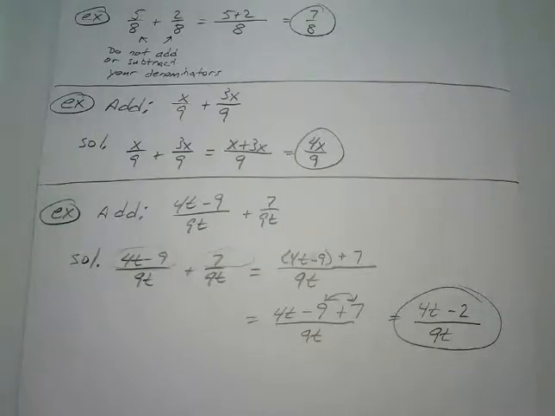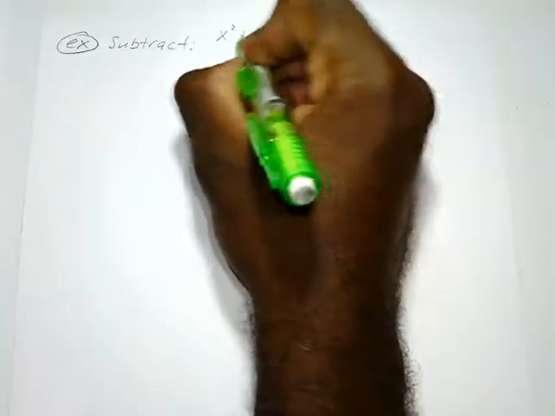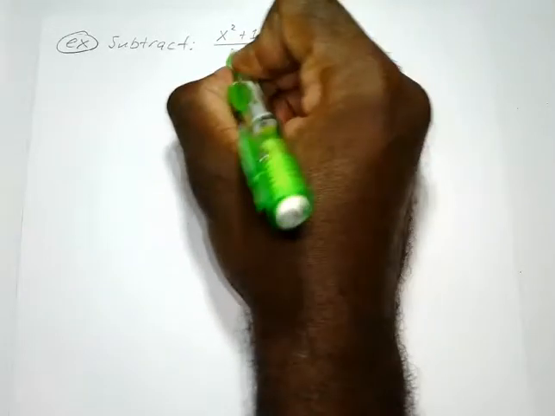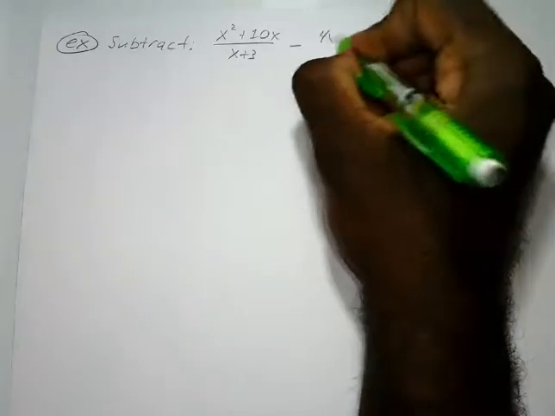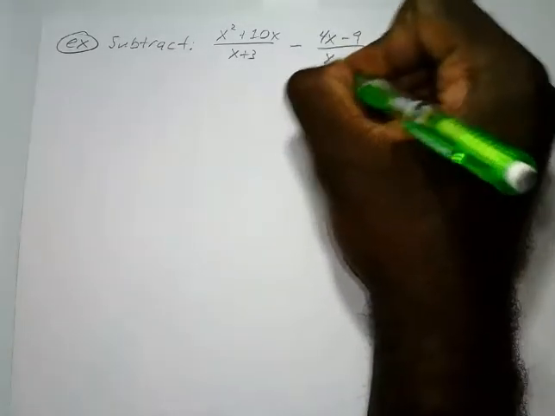So let's go ahead to the next example. Let's say, for example, we wanted to subtract x squared plus 10x over x plus 3 minus 4x minus 9 over x plus 3.